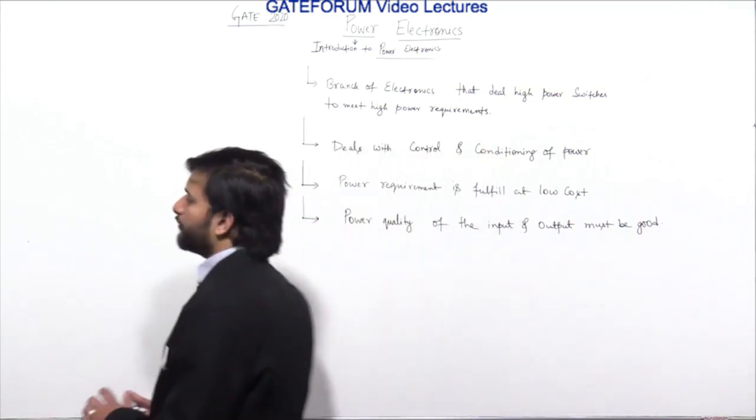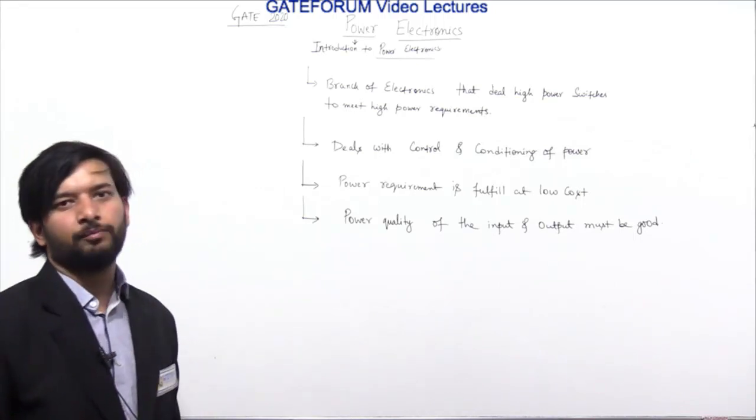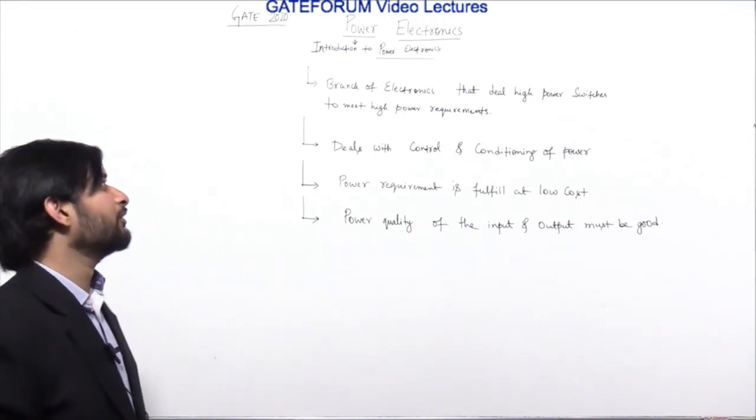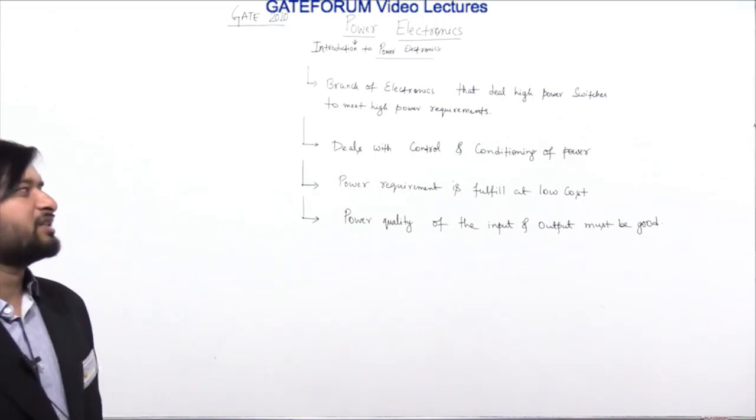The power quality of the waveform should be proper, such that it results in less distortion and you can have lesser harmonics, such that THD in case of AC will be less.